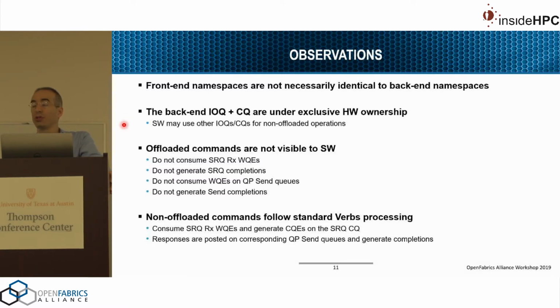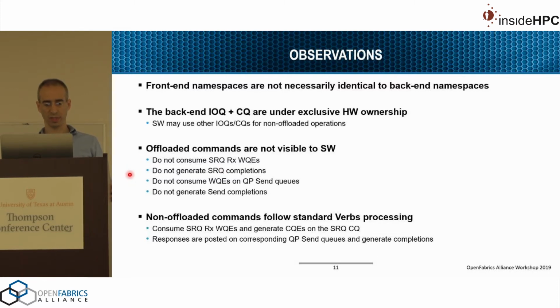Once we turn on the offload, the I/O queues and the completion queues of the NVMe are in hardware ownership. So we can't allow both the driver and the offload engine to use the same I/O queues. Of course, they can use separate I/O queues and completion queues. And also the offloaded objects of the NVMe over Fabrics RDMA portion, once we turn on the offload, are in the ownership of the device.